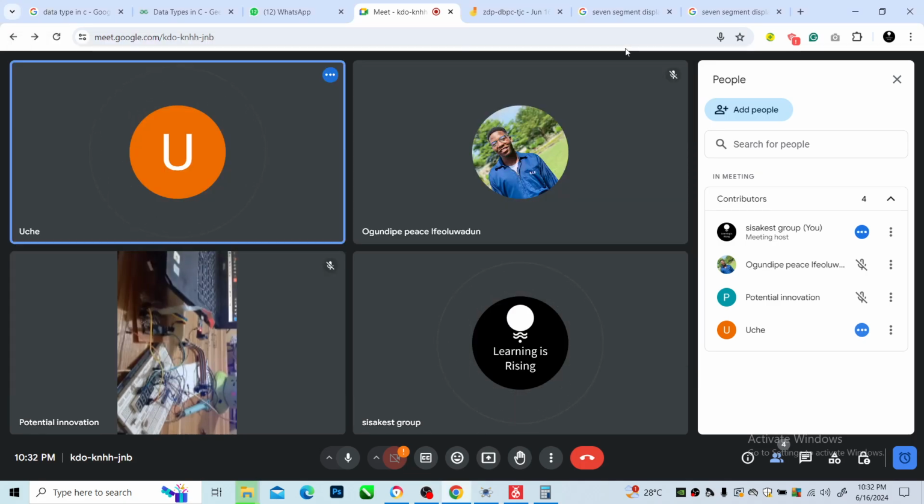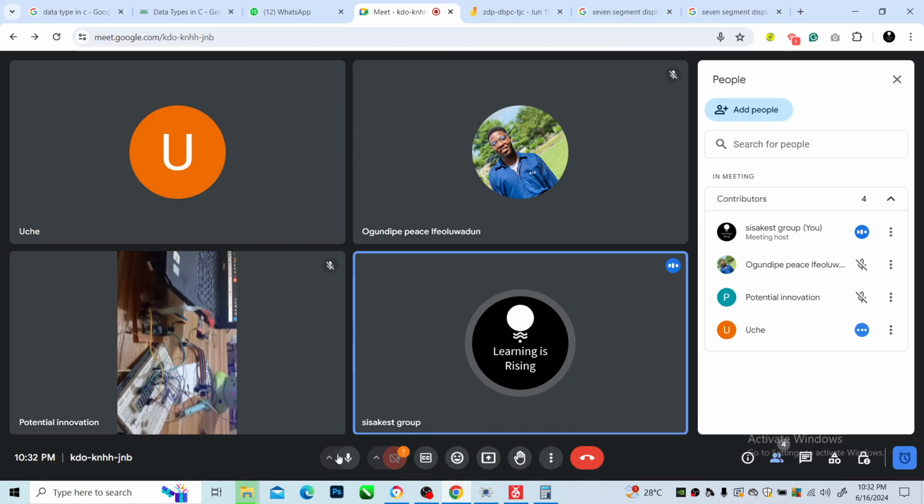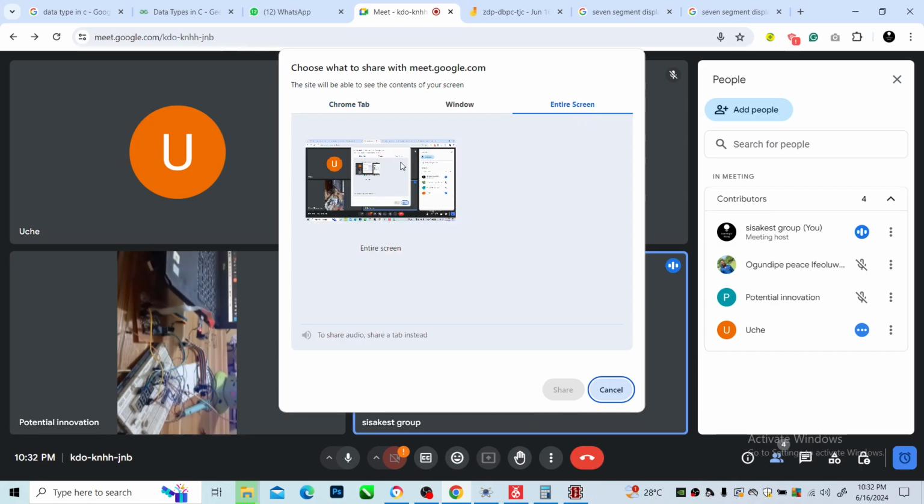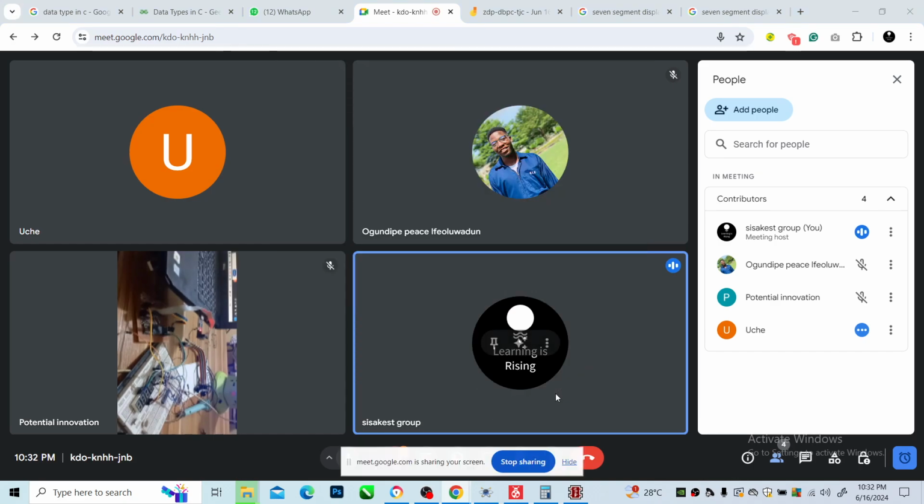Another way I can use to observe which one is which, so let me share my screen now. It actually has a code beside it here.